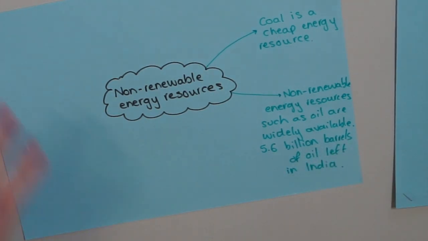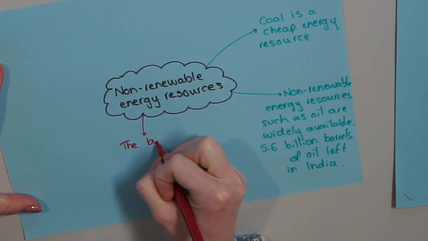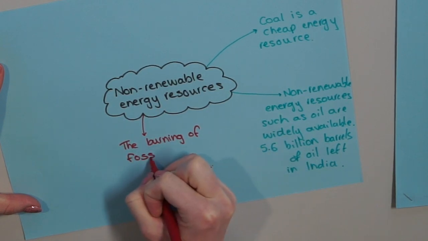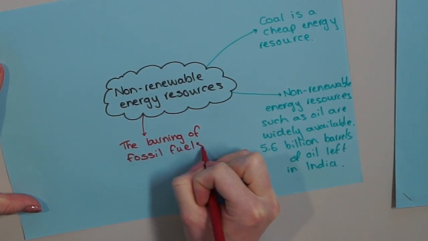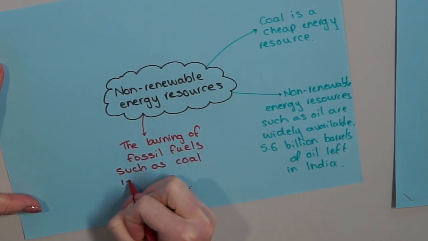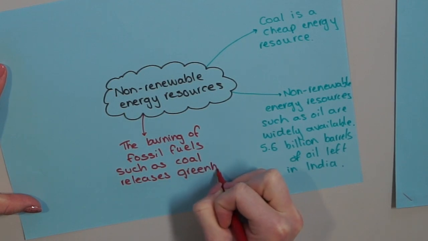Then I can move on to some negatives. So the burning of fossil fuels, such as coal, releases greenhouse gases.